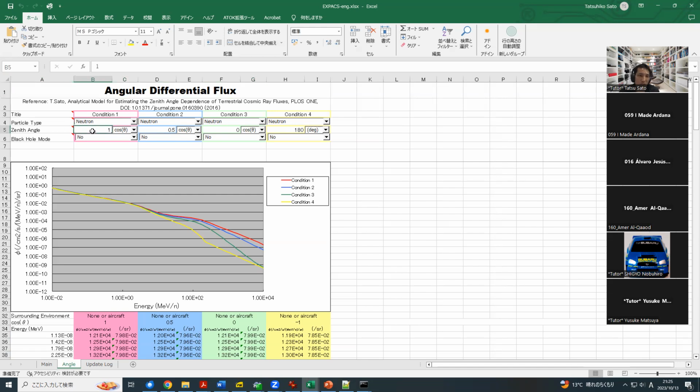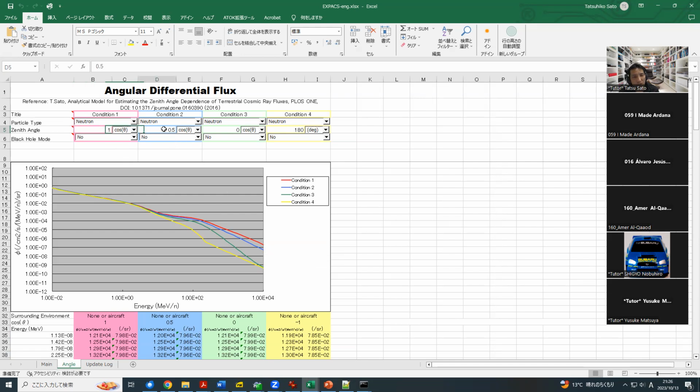It's a little bit complicated, but cosine theta 1 is downward direction in XPaths and -1 is upward. So this is a downward neutron energy spectrum.